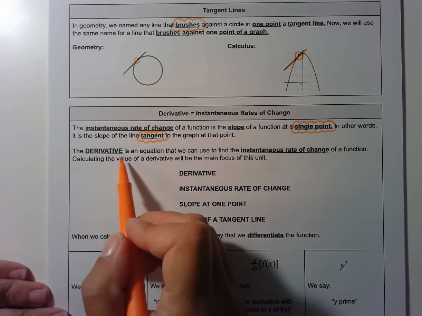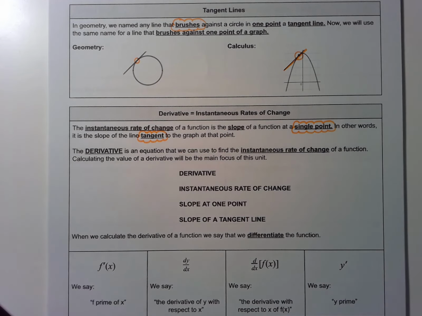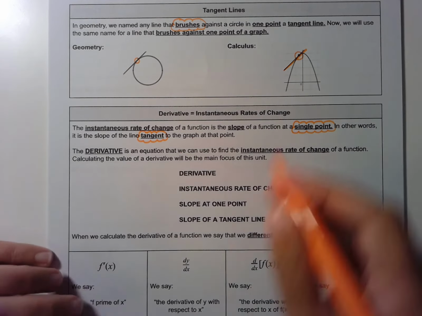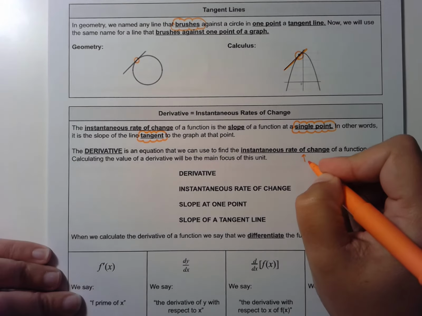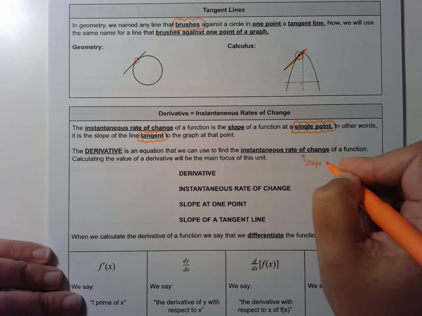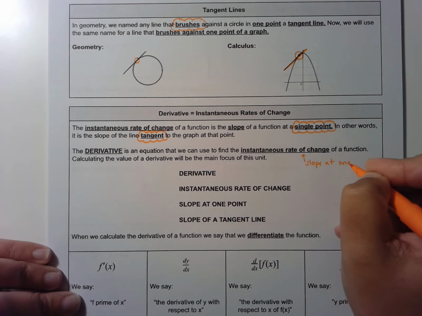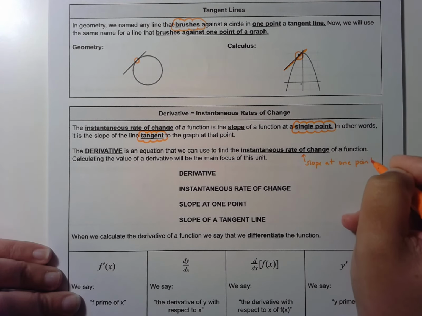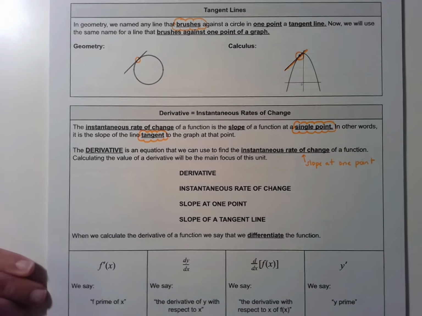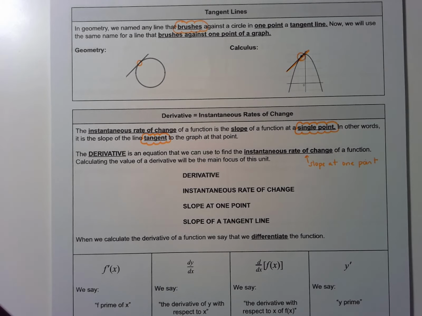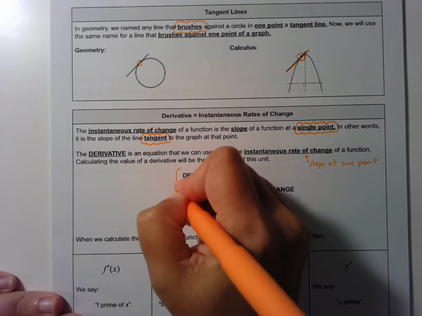The derivative is an equation that we can use to find the instantaneous rate of change of a function, or in other words, the slope at 1 point. Finding the value of a derivative is what we are going to spend the rest of this unit focused on. Now, all of these words mean the same thing.